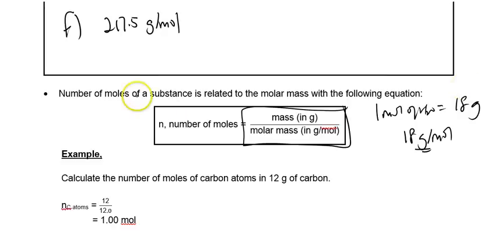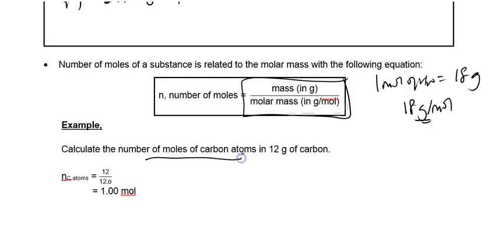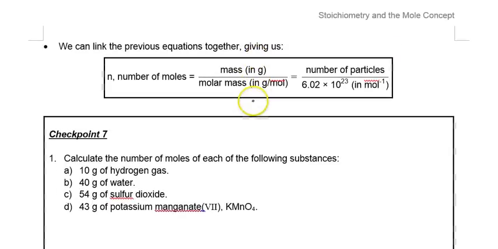So if I apply this formula to calculate the number of moles of carbon atoms in 12 grams of carbon, it is simply the mass of carbon divided by the molar mass of carbon. So I get 1.00 moles of carbon atoms for 12 grams of carbon. Right.